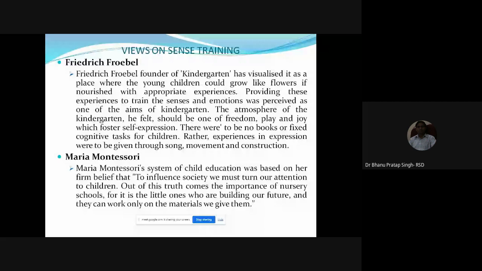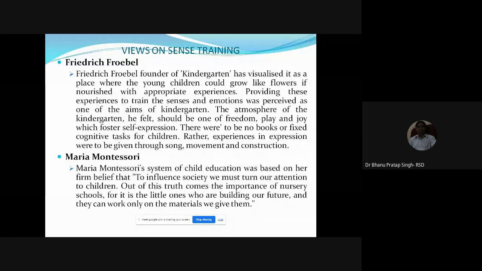Means Froebel opened the kindergarten and Maria Montessori opened so many preschools that are known as Montessori, and both still exist now.